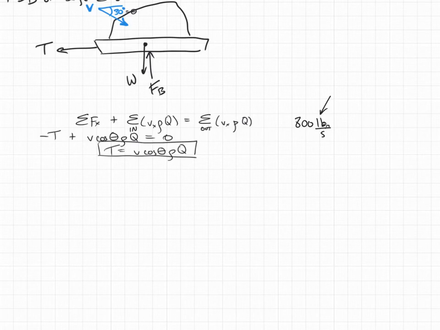So this is pounds mass per second. What is that? Well, that is mass per time. Mass per time is m dot, or that is rho Q if you wanted to. So that is this right here.